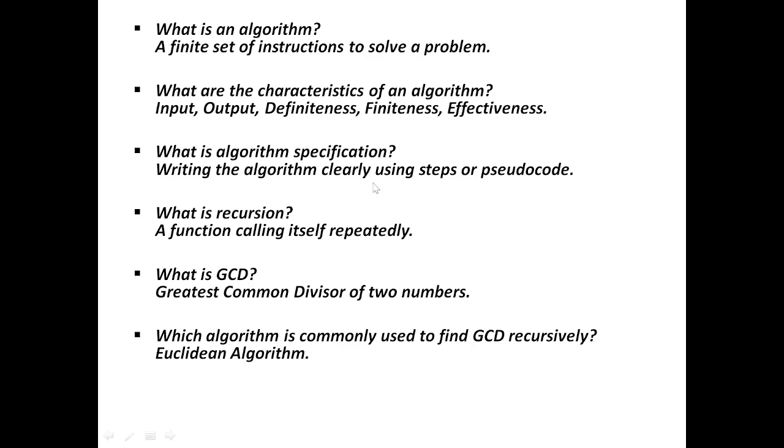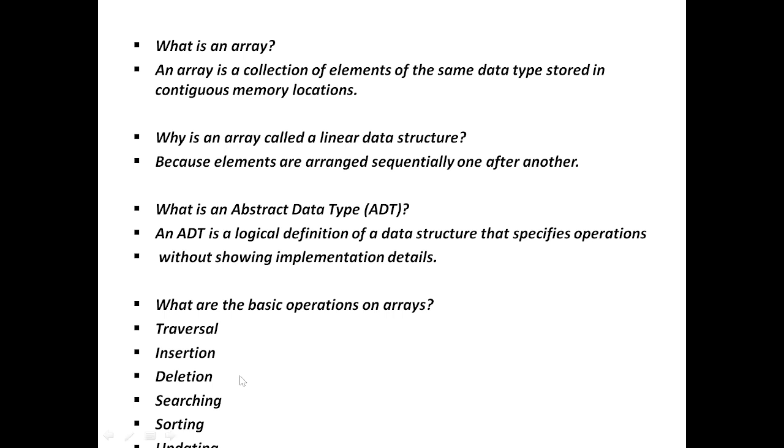Writing the algorithm clearly using steps or pseudocode. What is recursion? A function calling itself repeatedly is called recursion. What is the full form of GCD? Greatest common divisor of two numbers is called GCD. Which algorithm is commonly used to find GCD recursively? The Euclidean algorithm.